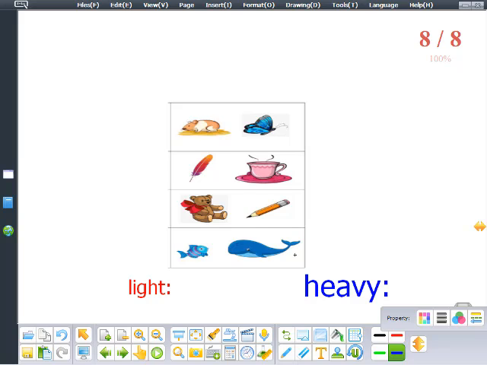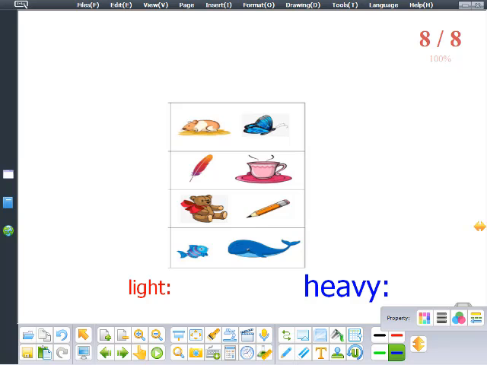It's in weight. It's heavy, needing effort to move. But the light, no, it's light, so you don't make effort to bear or to move. Well, let's see the light ones and the heavy ones. The light is not heavy, you can bear it.